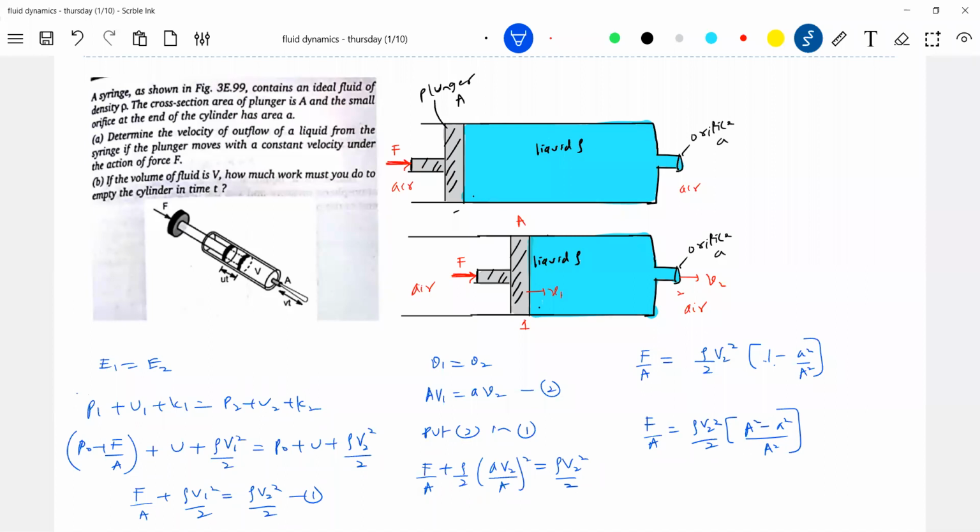That is equation 3. We want the expression for the speed, so the expression for speed will be V2 equals root of 2AF by rho.